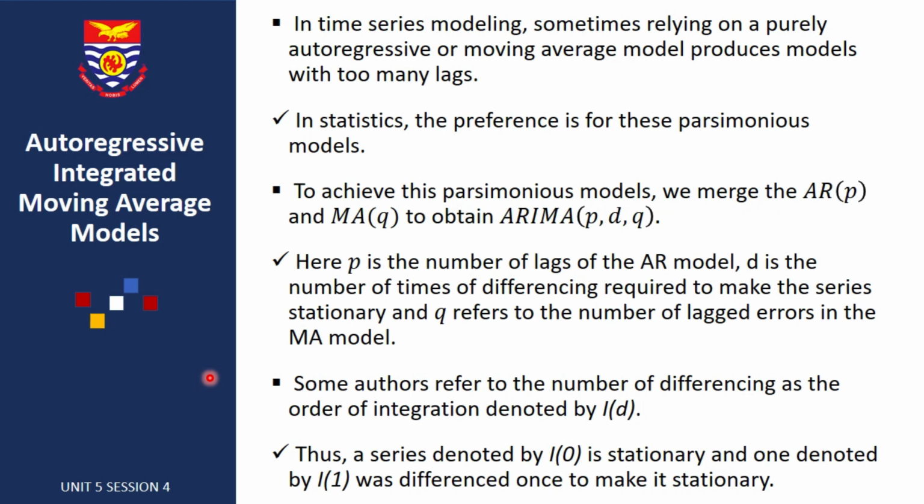The ARIMA model can be understood by outlining each of its components. It combines the autoregressive properties, the integrated properties, and the moving average properties. The AR, or autoregressive component, refers to a model that shows a changing variable that regresses on its own lagged or prior values.